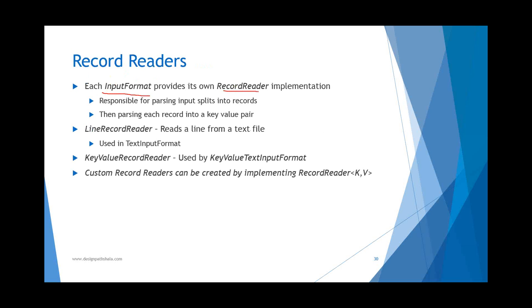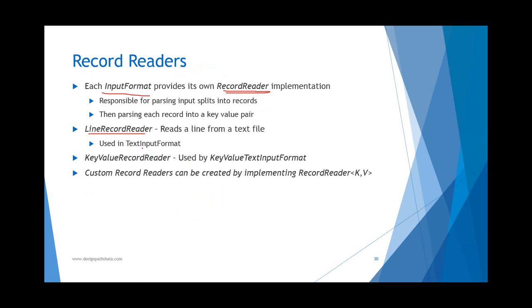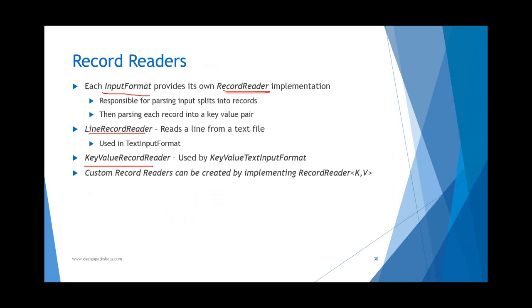The LineRecordReader is associated with your TextInputFormat. The KeyValueRecordReader is associated with your KeyValueTextInputFormat, and similarly for others. And you can always create your own record readers also.